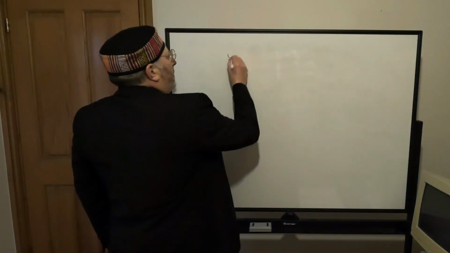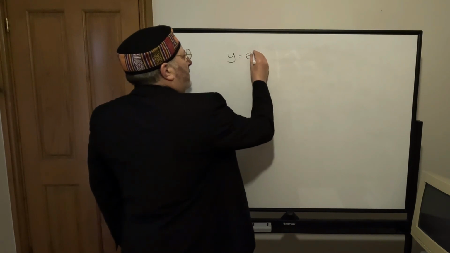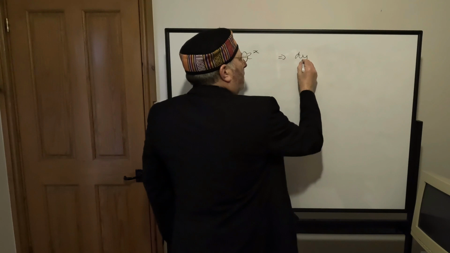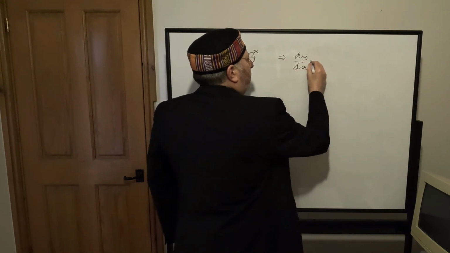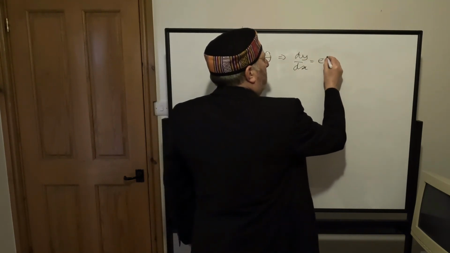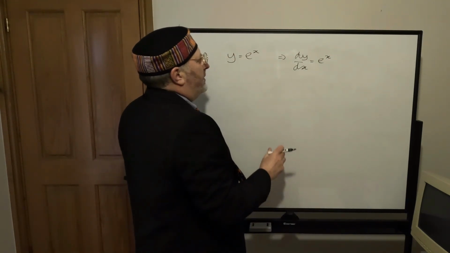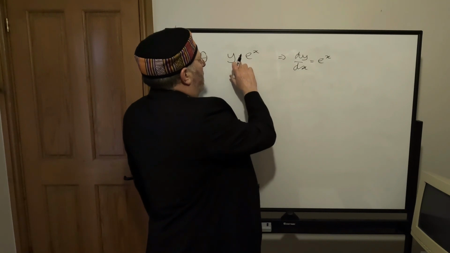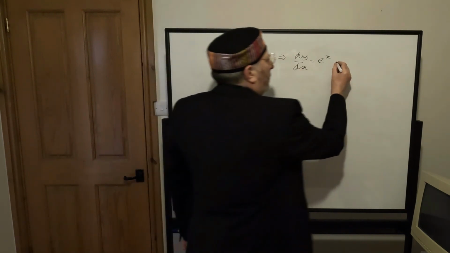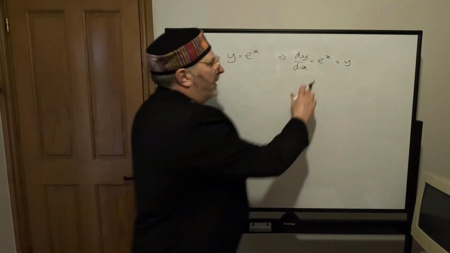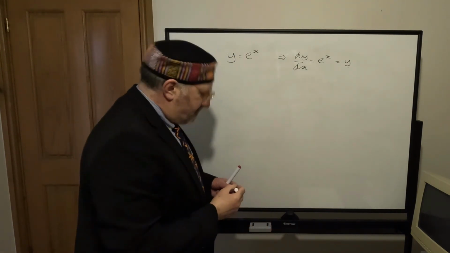Okay, now we've seen that y equals e to the x, so dy by dx is equal to e to the x. And interestingly, since y equals e to the x, dy by dx equals y.